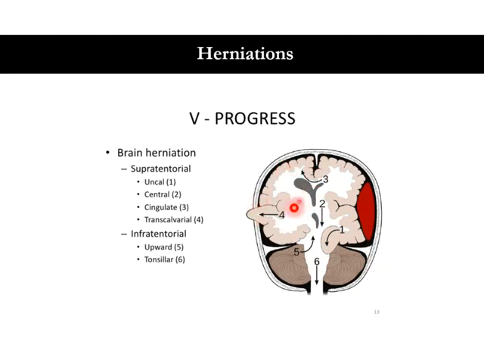Transcalvarial, well, here you can see the cerebral cortex is trying to come out of the skull. Those are all supratentorial. Now infratentorial is here below, and what can happen is the brainstem is trying to grow up. Okay, and then there is a tonsillar which is trying to come down. Tonsillar is the brainstem that is trying to come down from the foramen magnum.